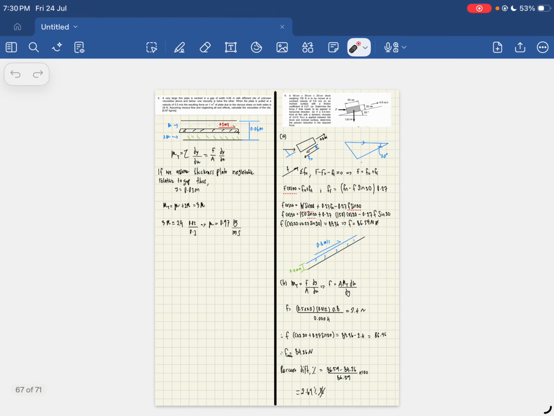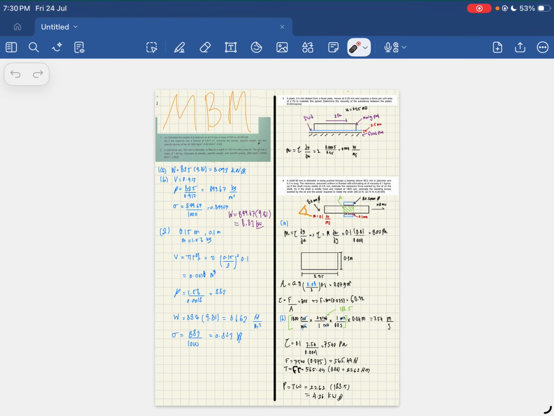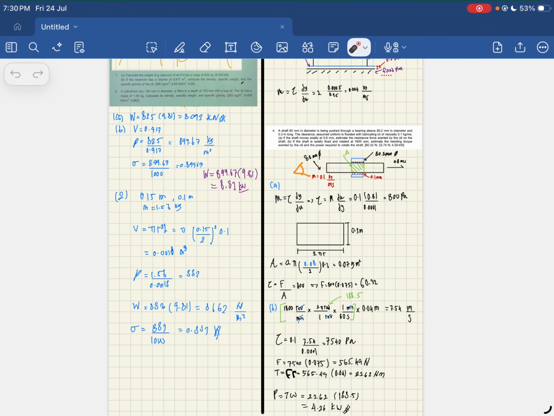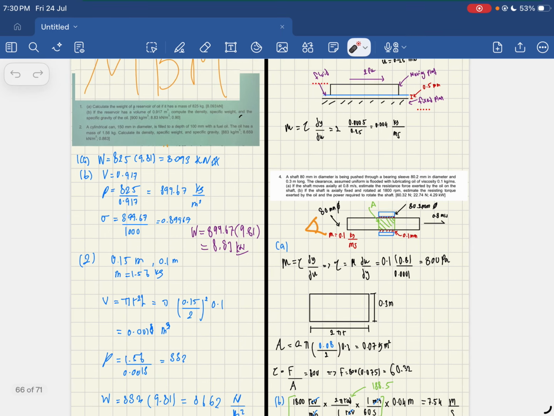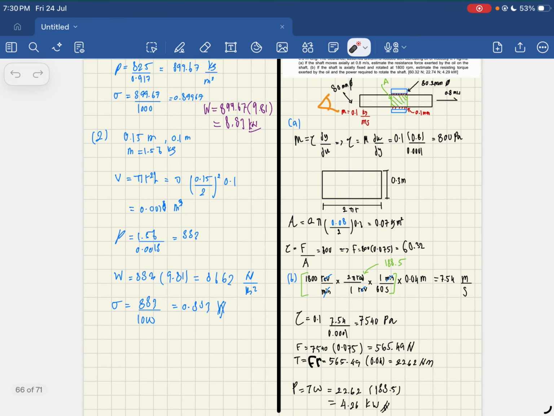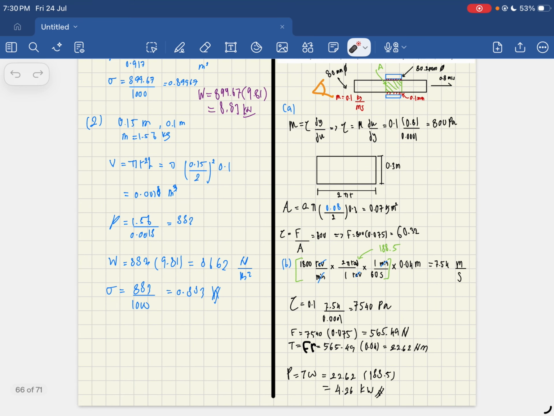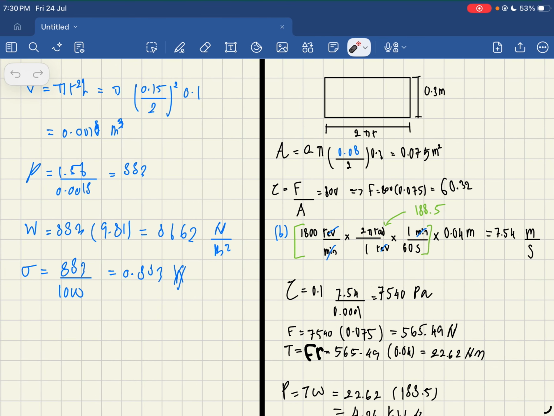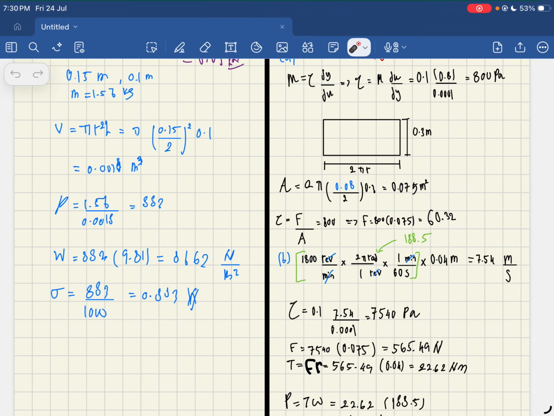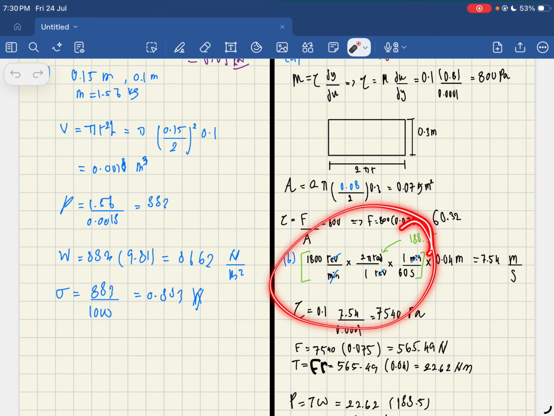For example, in the video of question 4, I taught you a method of how to convert revolutions into linear velocity or into radians per second, in this work right here. You can follow this work. If you've been given RPM, you can use this method to convert into radians per second.